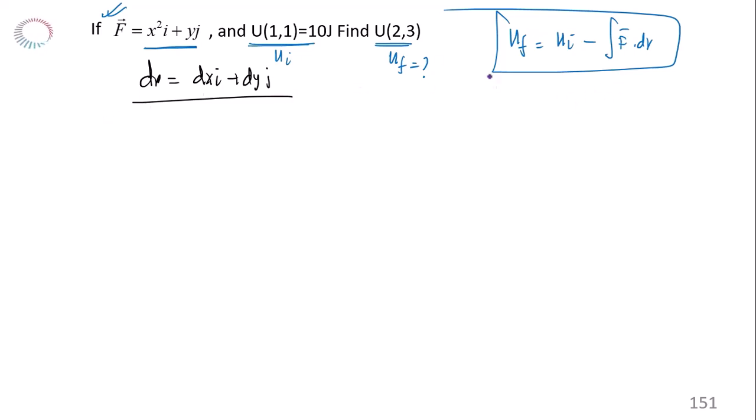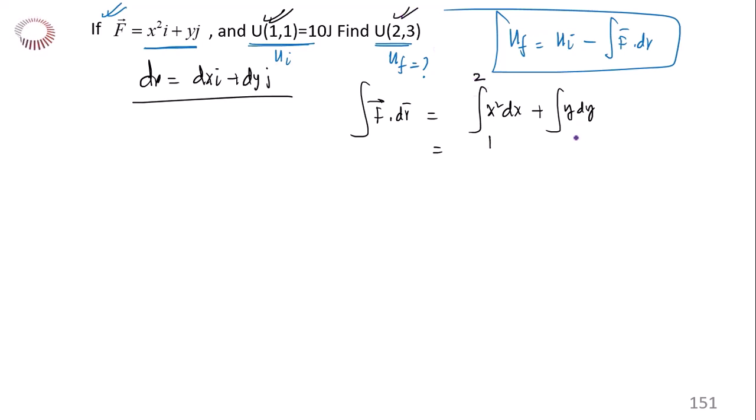So F dot dr becomes x squared dx plus y dy, integrated. For that you have to set the limits. Initially x is 1 at point 1, then finally it changes to 2, so the limit for x is 1 to 2. For y, it is from 1 to 3.